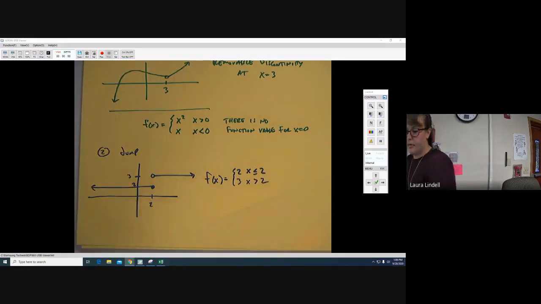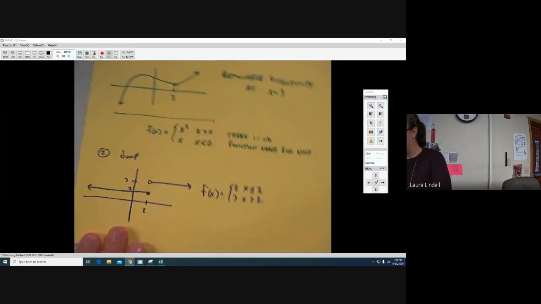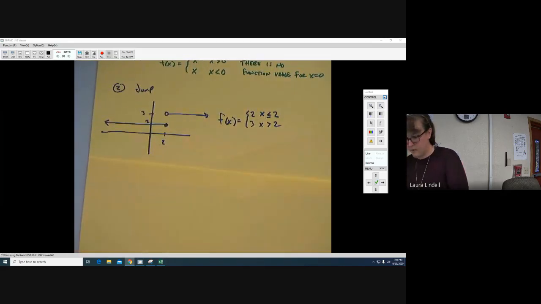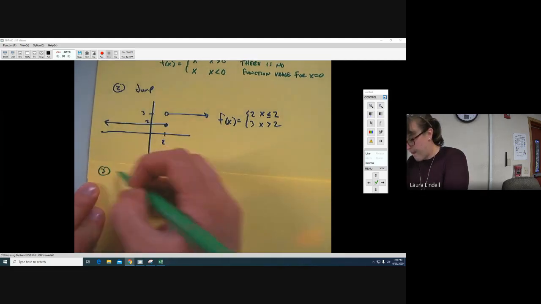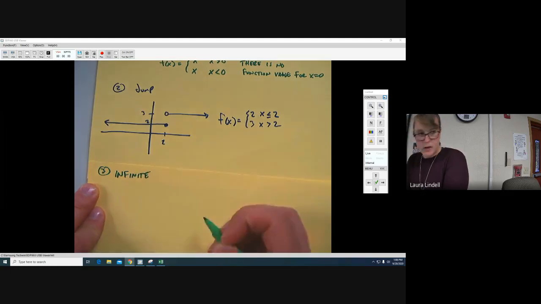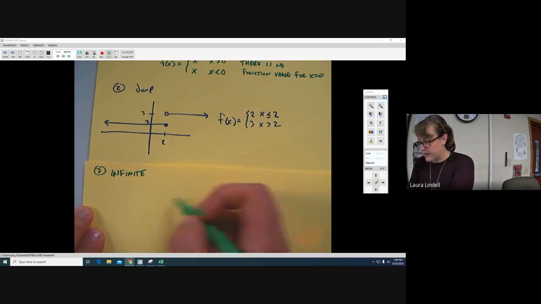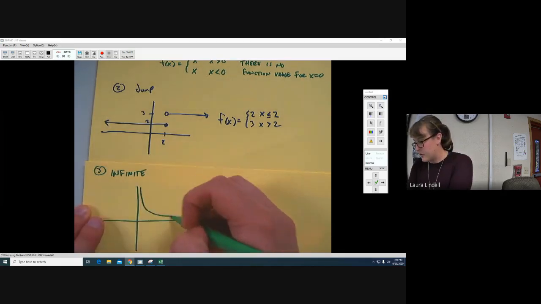And then the last one for today is an infinite discontinuity, or considered a discontinuity at infinity. Okay. So an infinite discontinuity would look something like this, where you have asymptotes.